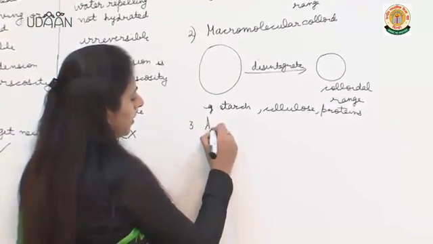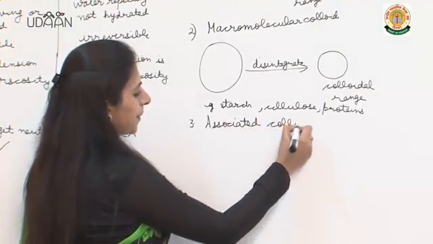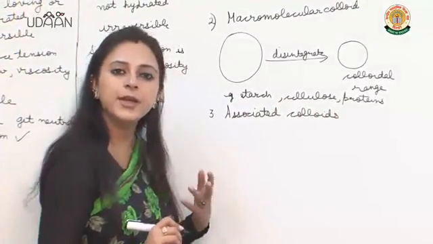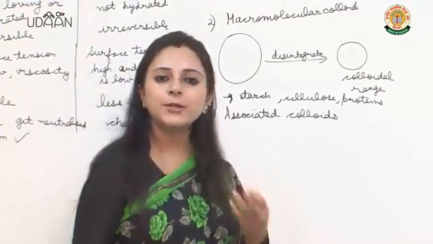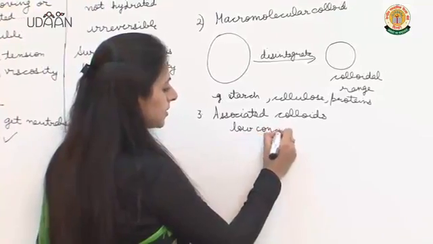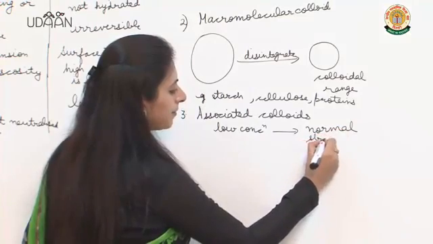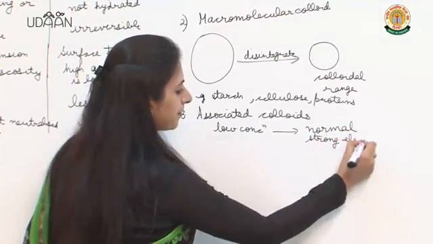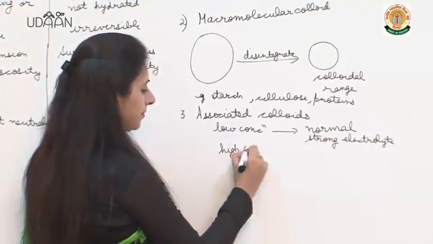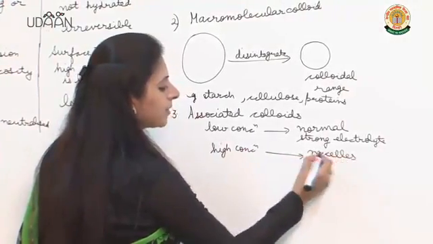Now what are associated colloids? The substances which behave like normal strong electrolyte at low concentration, but at high concentration they aggregate together to form micelles.